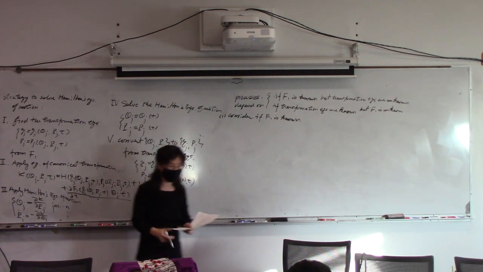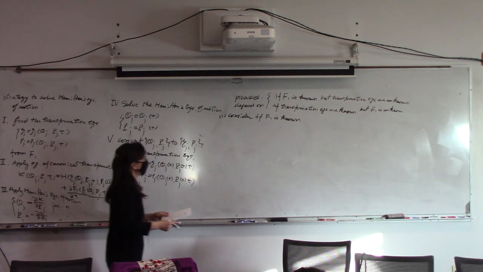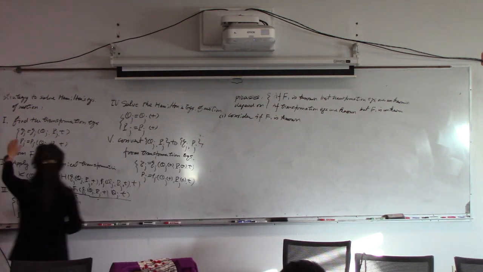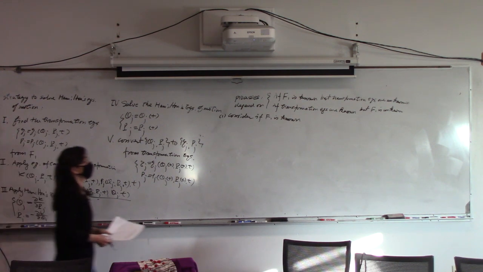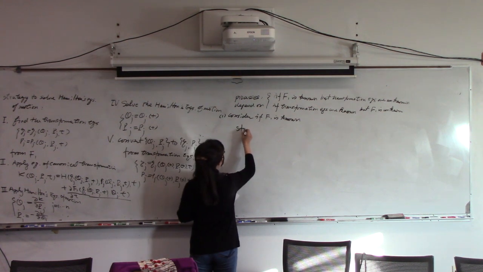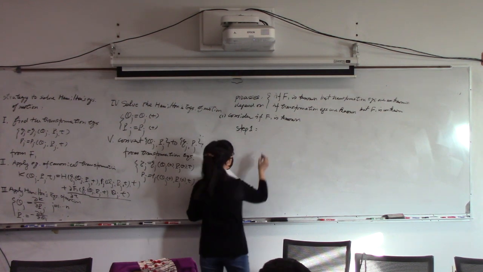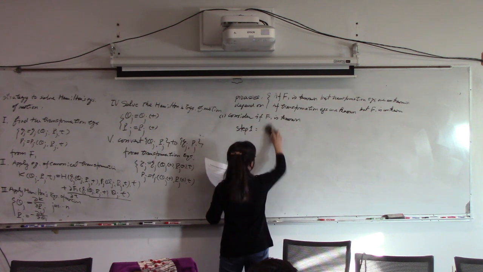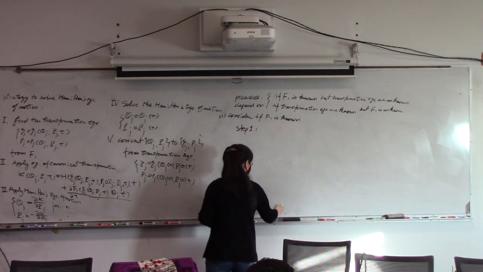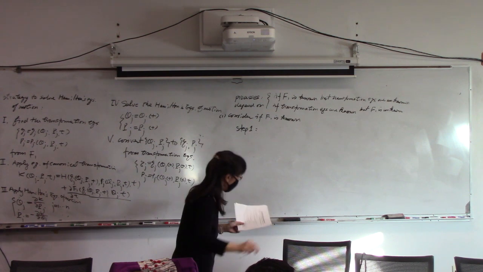Let's consider this case. If F1 is known, so first we try to find the transformation equation. Then step one: the goal is to find the transformation equation.